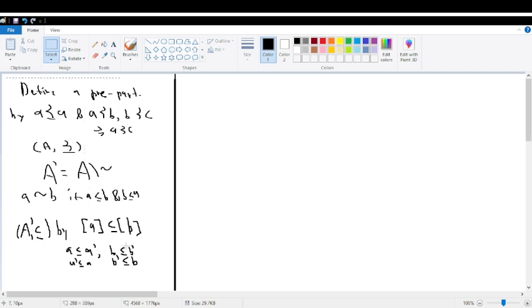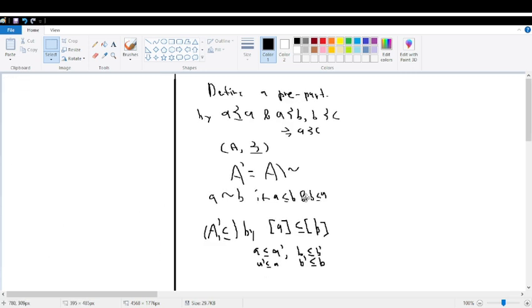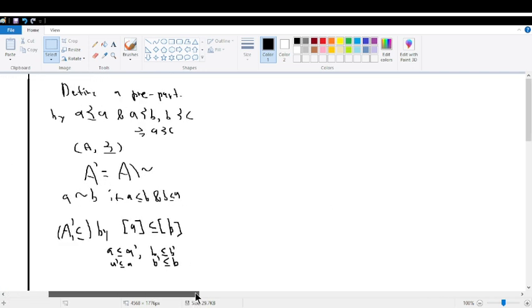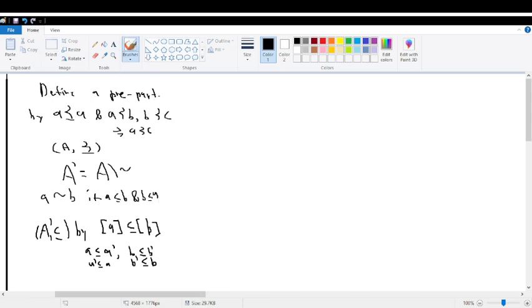So we bring this all over to this side on a pre-partial. We want to show that if this is the case, then A is less than or equal to B implies that A prime is less than or equal to B prime, and vice versa.